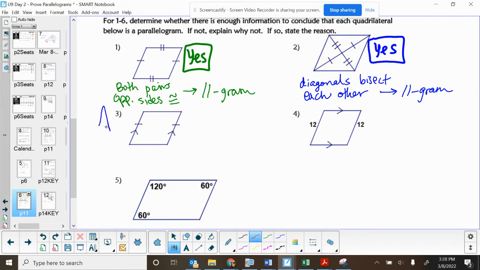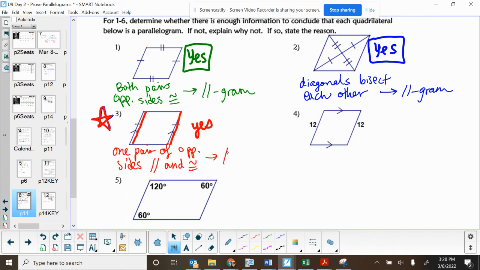This one is our new reason. This is a yes, because we have one pair of opposite sides that is both parallel and congruent. Congruent and parallel, parallel and congruent. Just has to be both things.